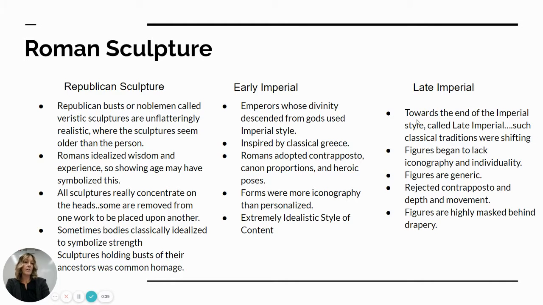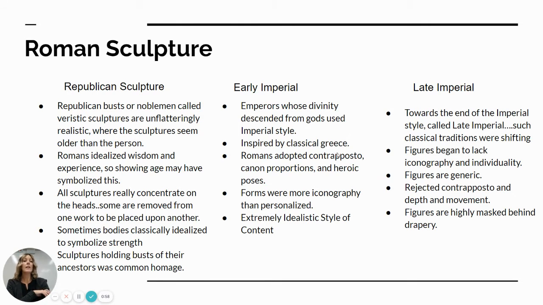I went ahead and redefined early and late imperial for you so that you could see that, towards the end of the imperial period, there is a transition back to generic style sculpture.